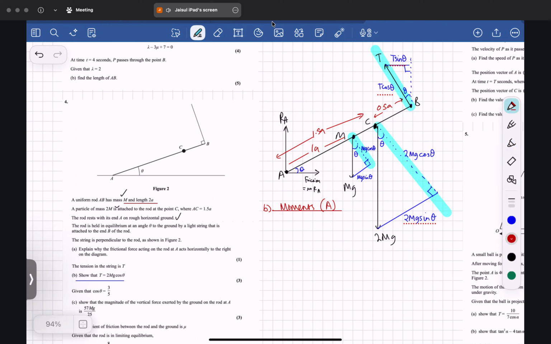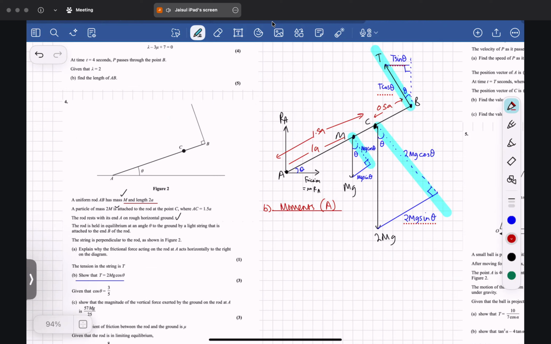Can you try to tell me the moments for all of them? What's the first one? For example, 2mg sine theta, what is this? Are we going to use it in finding something? We don't need anything. We've worked all the components out.